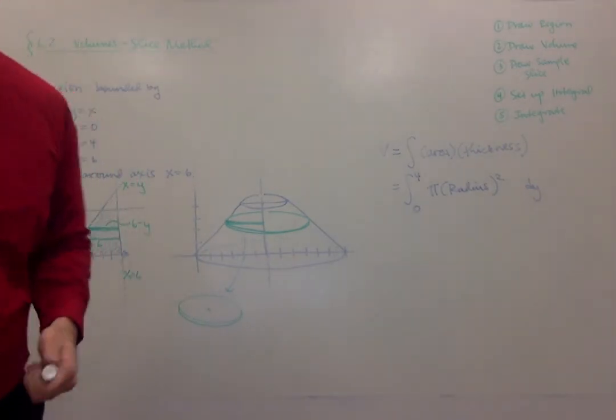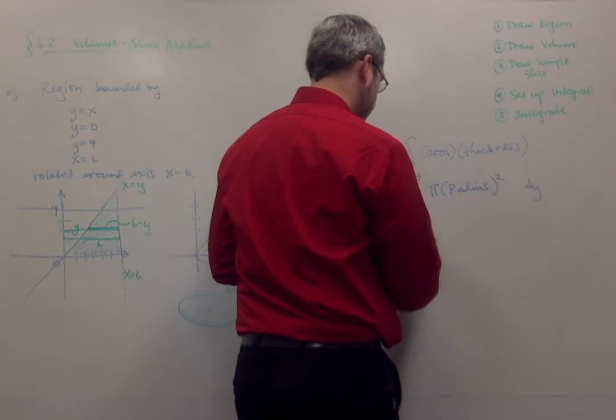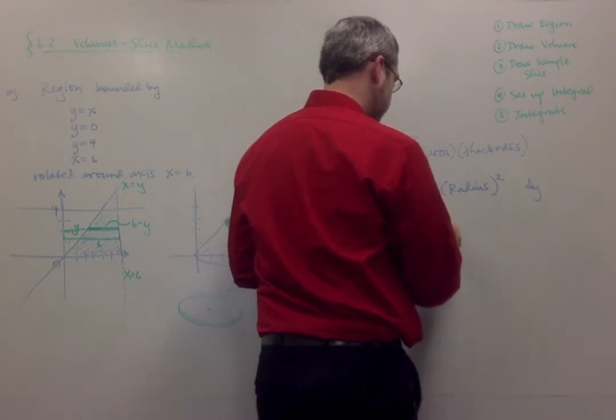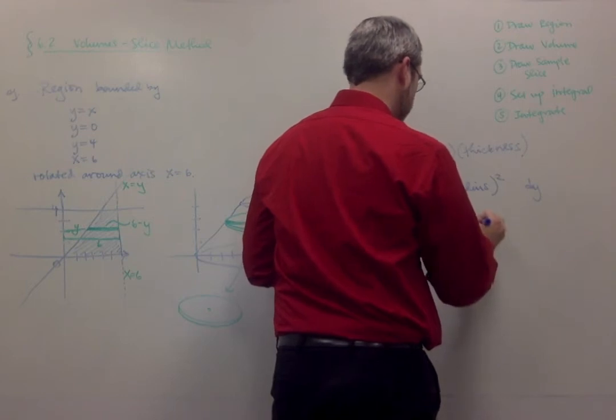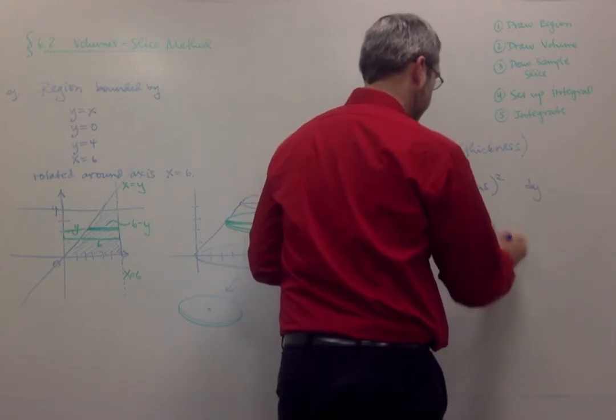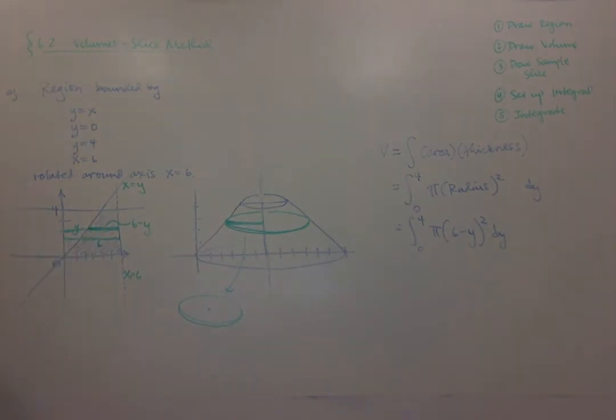So what I want to do over here in my integral is I'm going to have the integral from 0 to 4 of pi times (6 minus y) quantity squared, because that's that radius right there.